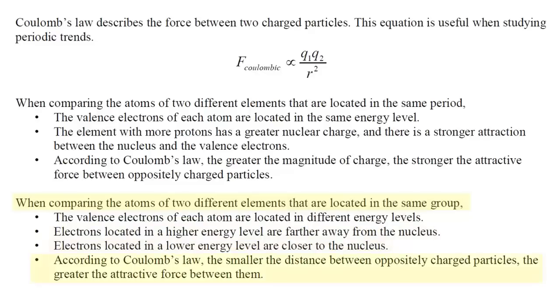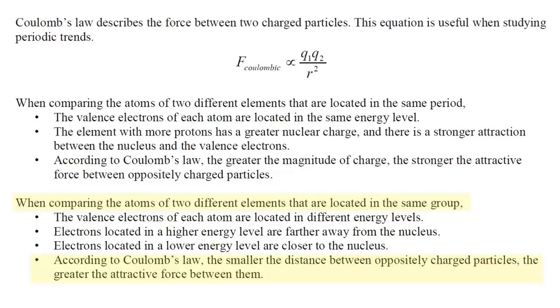According to Coulomb's law, smaller distance between oppositely charged particles, such as the nucleus and the valence electrons, would be a greater attractive force. So I could make an argument for why the valence electrons of copper are more strongly attracted toward the nucleus and would give a smaller radius, or I could argue in the opposite direction, that for silver, those electrons are farther away from the nucleus and have a weaker attraction.